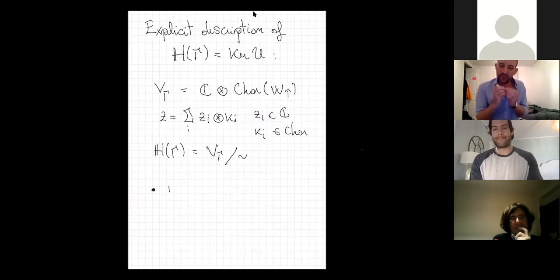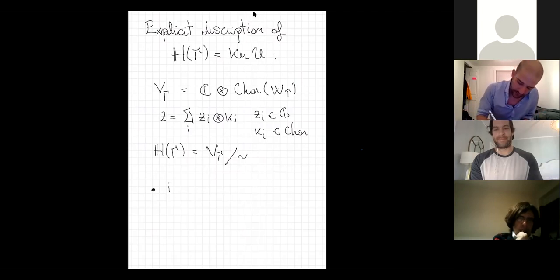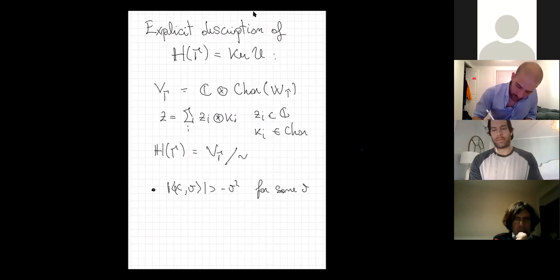Notice this, because the vertices of the plumbing graph represent spheres inside the four manifold, and then you can just evaluate the characteristic vector over there. So if K evaluates on a vertex with absolute value bigger than minus v squared for some vertex, then we impose the relation 1 tensor K equivalent to 0.